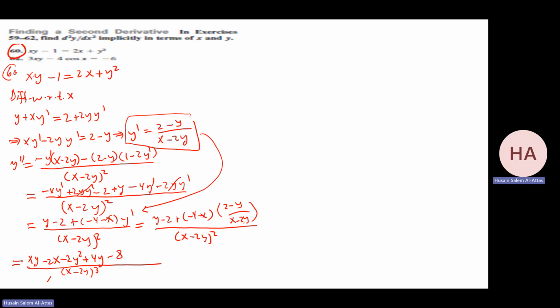Be careful, be careful. I just combine it. Minus 8 minus 2x, and plus 4y plus xy.